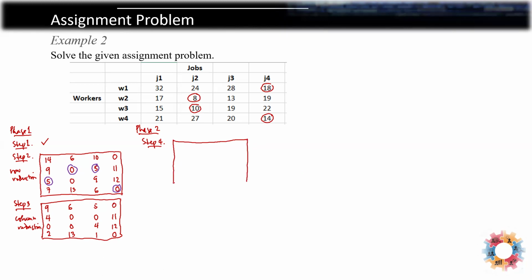We'll copy that, and also the entries. We have 9, 4, 0, 2, 6, 0, 0, and 13, 5, 0, 4, 1, 0, 11, 12, and 0.